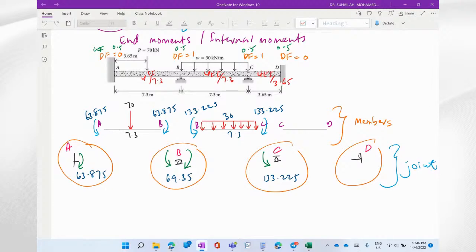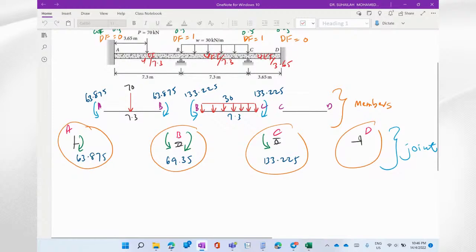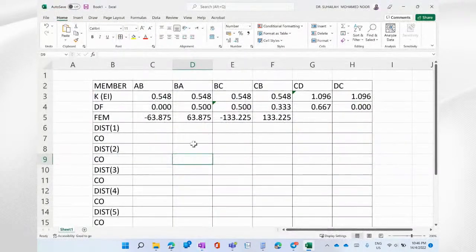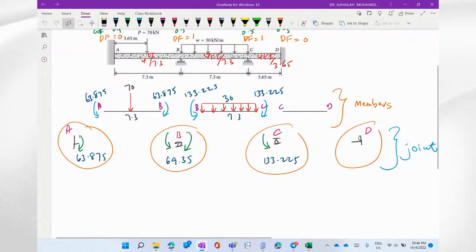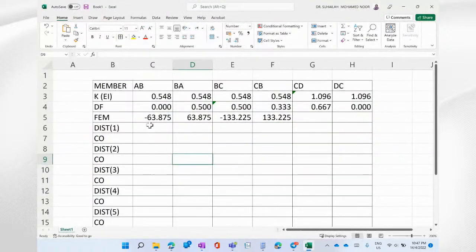For the first one, it is actually positive 63.875 for MAB for the first step. But the distribution factor is 0. That is why we don't have anything to be put here.